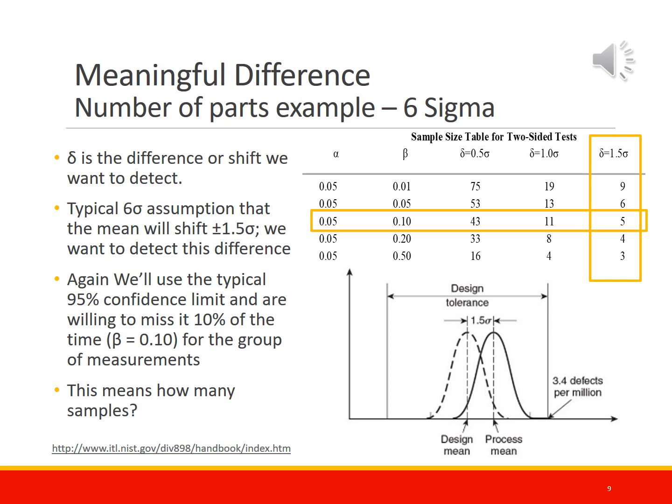Now, that's the minimum. What this says is that if there is a 1.5 sigma mean shift from your normal process distribution, your measurement system, with 5 samples, should be able to detect it.